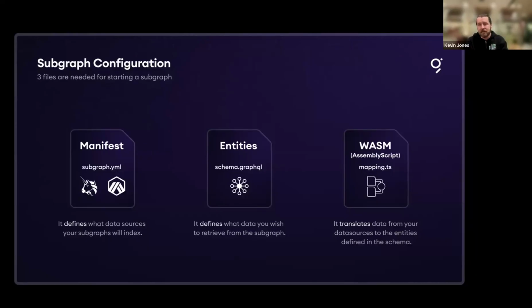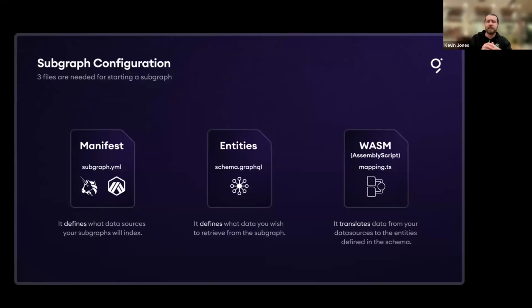It's actually a subset of TypeScript. So what that means is it looks like TypeScript, but it doesn't have all the full functionality of what TypeScript offers. But you can use some packages that we have, like the graph-ts package. And if you've ever written TypeScript, you can probably move around pretty easily with AssemblyScript. And that's how you actually process the data.